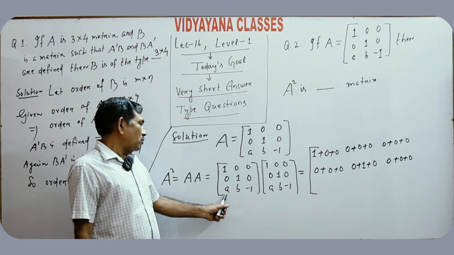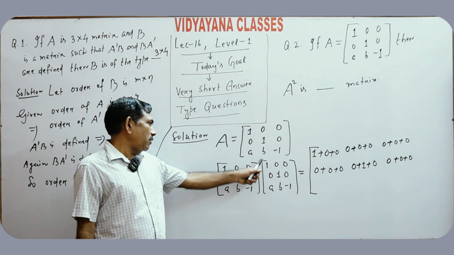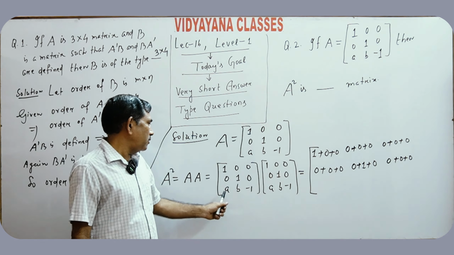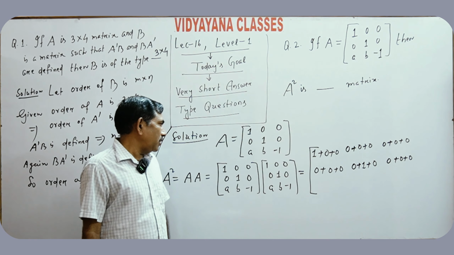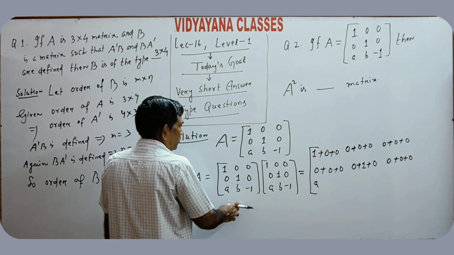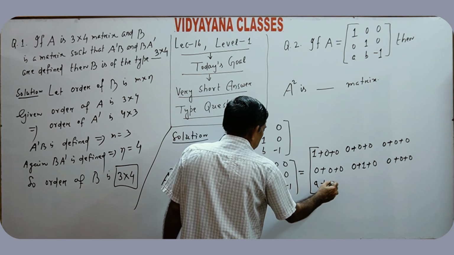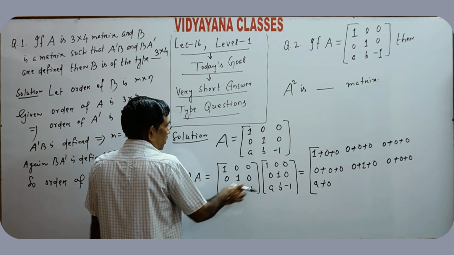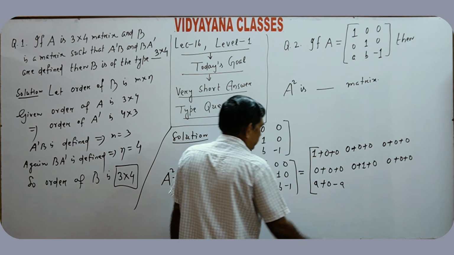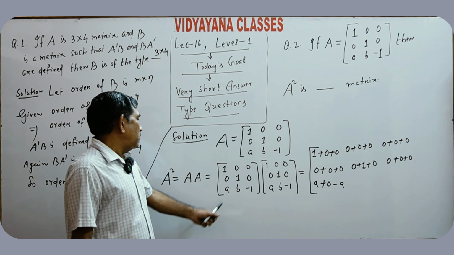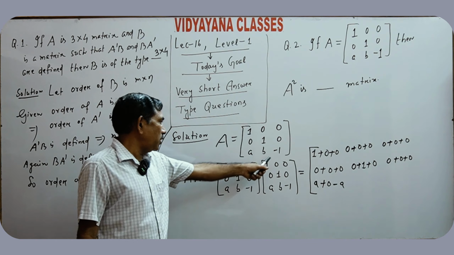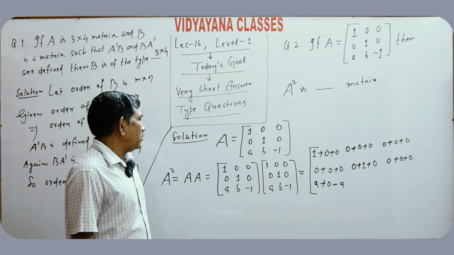Similarly, go through row 3, come down in column 1, then column 2, then column 3. A into 1 is A, B into 0 is 0, minus 1 into A is minus A. Go through row 3, come down in column 2.